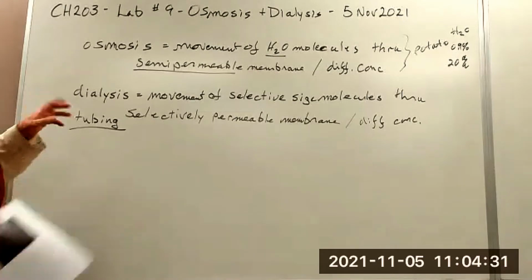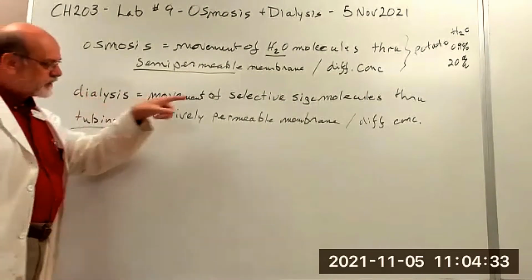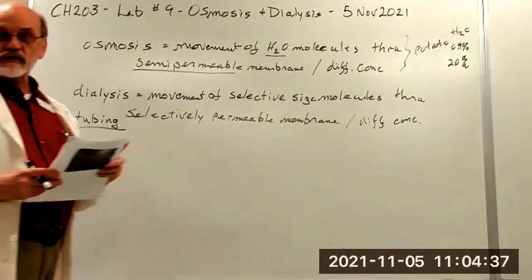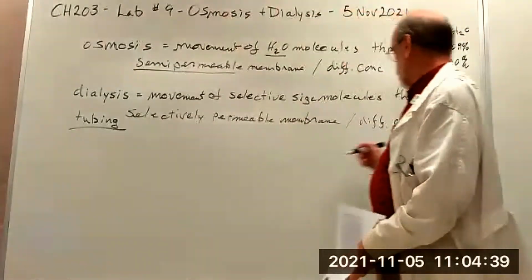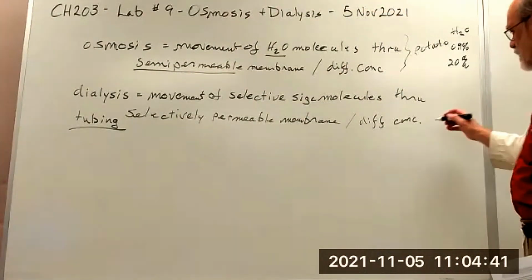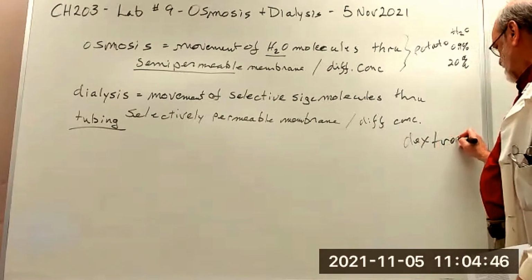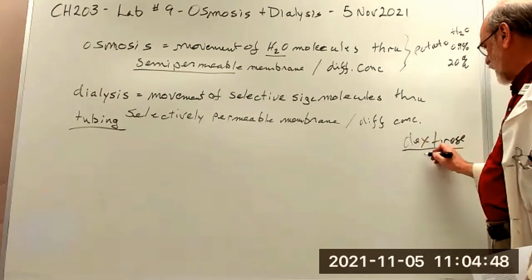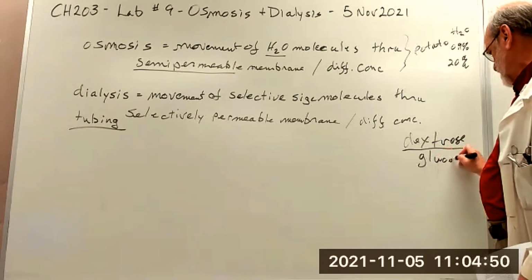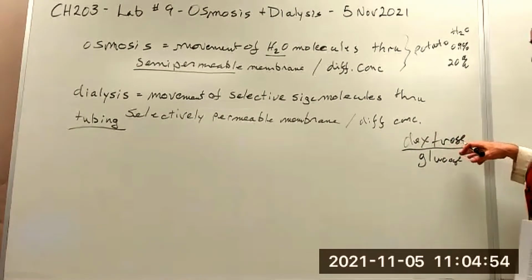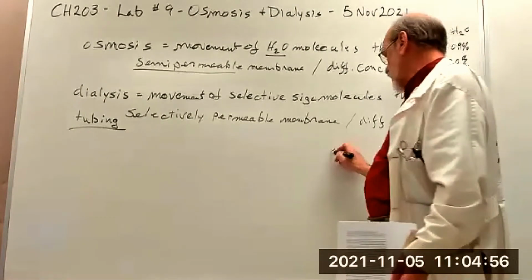But the differential here, the real key to the dialysis tubing, is molecular size. And we're going to use 2 different molecules. Dextrose, or we could say glucose. Same thing for our purposes, same size molecules, as compared to starch.